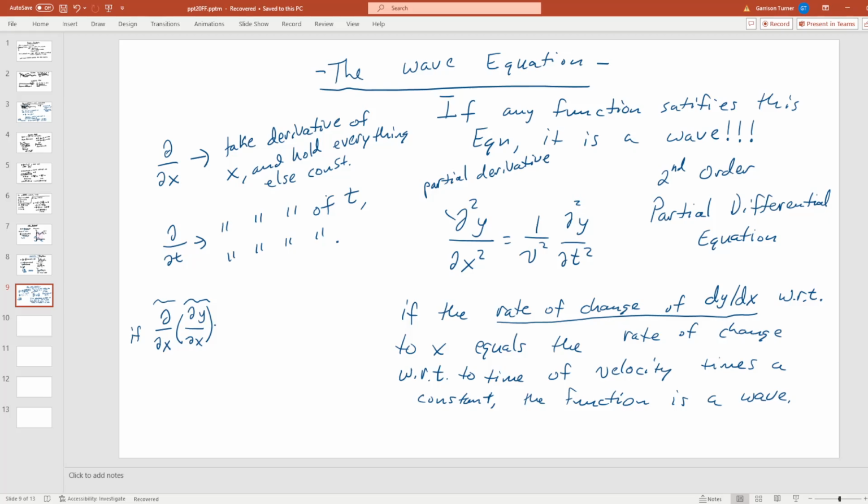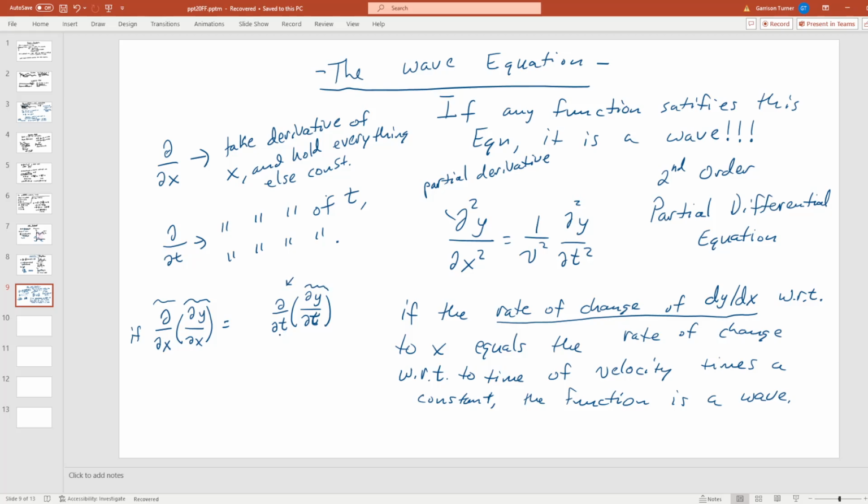So if d/dx of dy/dx is equal to the rate of change with respect to time of the velocity, so here's your velocity, and I'm going to take the time rate of change of that.